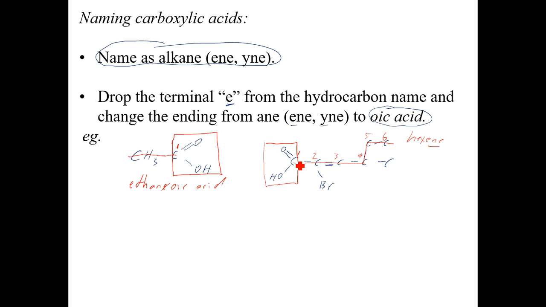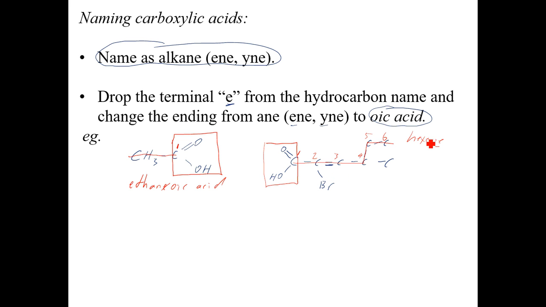And we need to start counting. We don't go by the end that's closest to the double bond, even though it is closest to the carboxylic acid, but we always start where the carboxylic acid is. So the carboxylic acid now takes precedence over alcohols. It takes precedence over halogens. It takes precedence over other branches and over double and triple bonds as well.